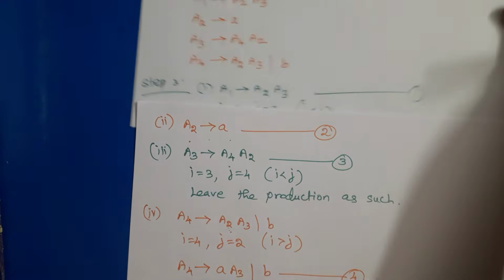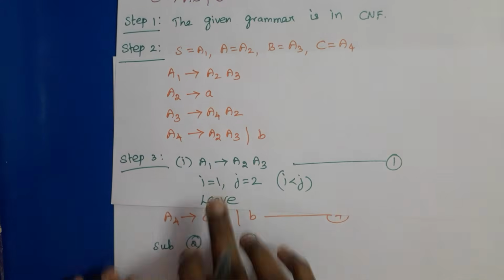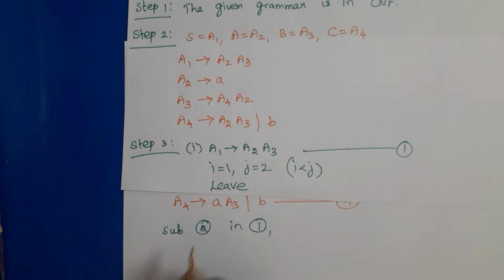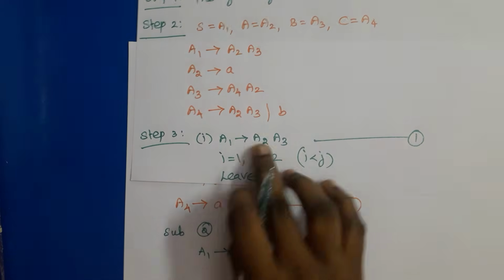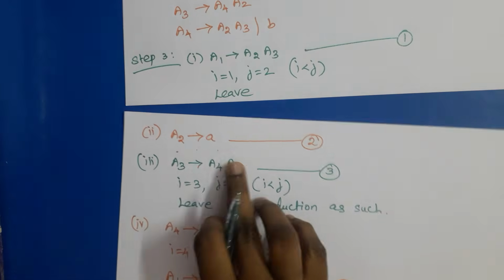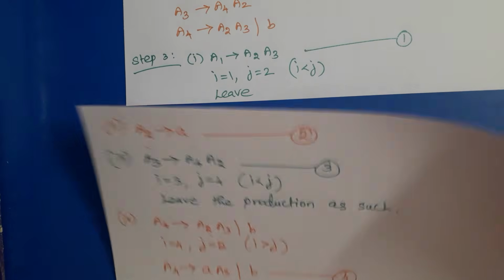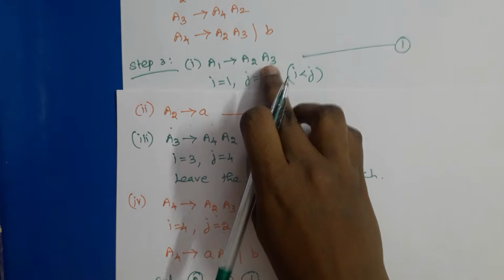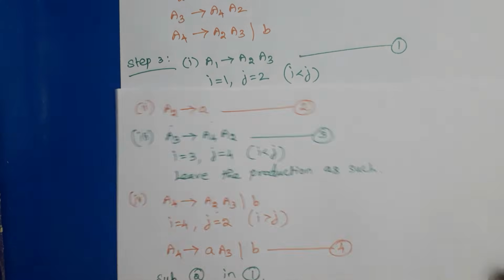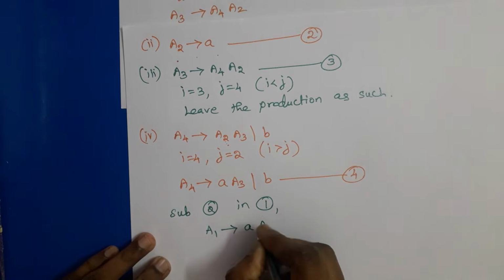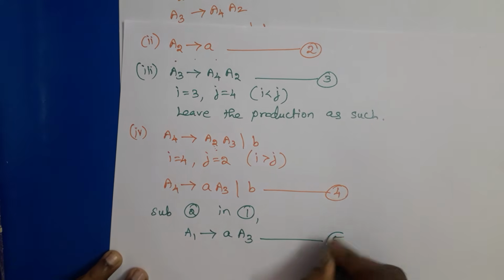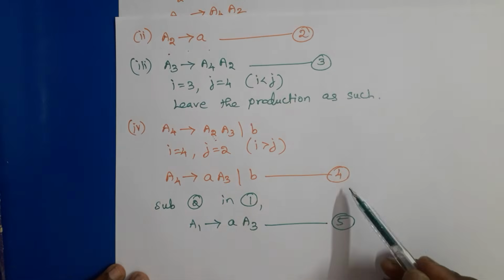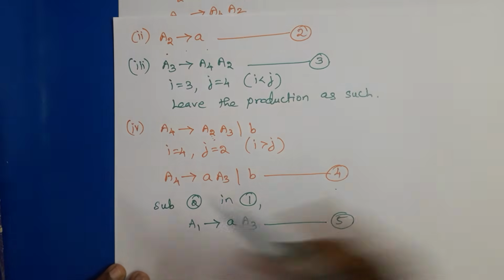This is equation number 1. So A1 becomes A1 tends to A2 A3. Instead of A2, we need to substitute a, right? So A1 becomes a A3. This is equation number 5. Now we have to substitute equation number 4 in 3.